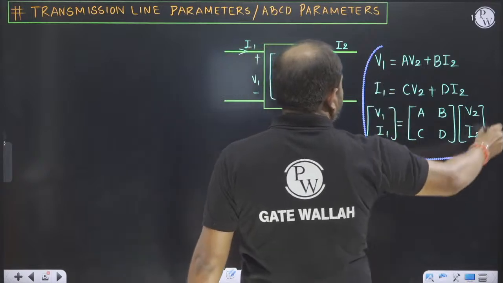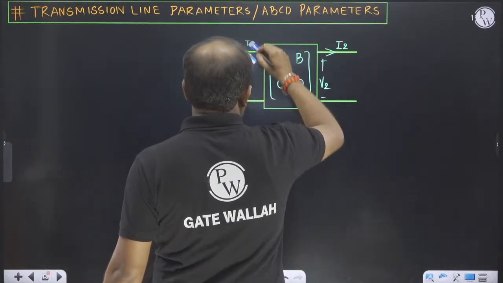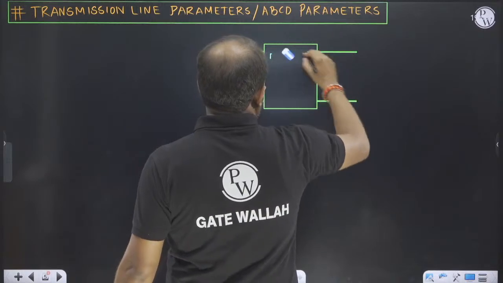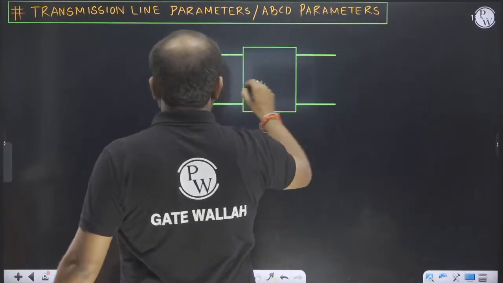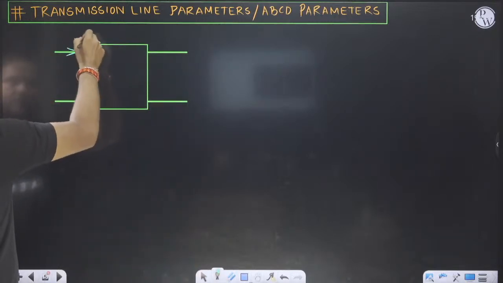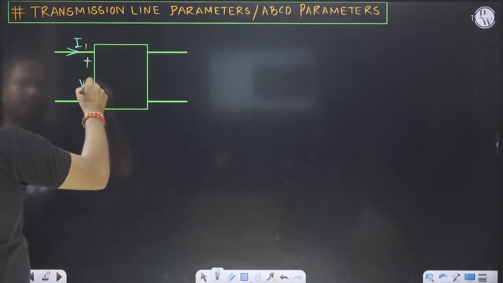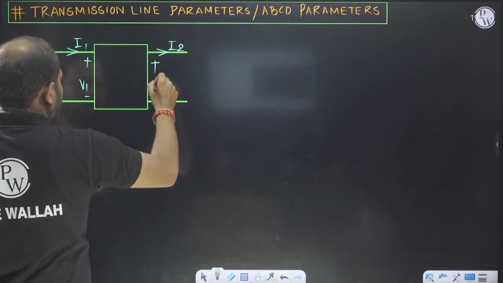Then if it is connected with load, what will happen? This one is our I1, this one is our V1, this one I2, and this one is V2.